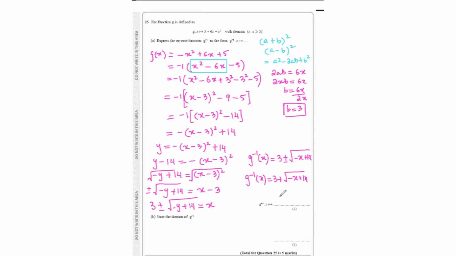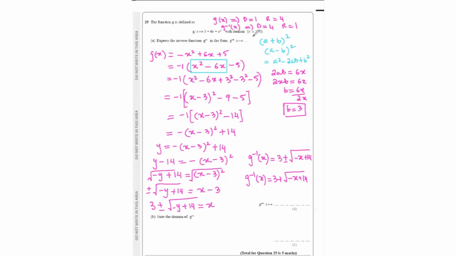And when you change the original function to an inverse function, you swap the domain and range. So what I mean by that is, for example, for g of x, your domain was 1 and range was 4, let's say. So for g inverse x, what happens is that your domain is now 4 and range is 1. So as you can see, we swap them.